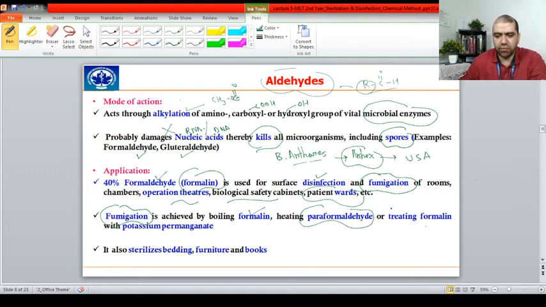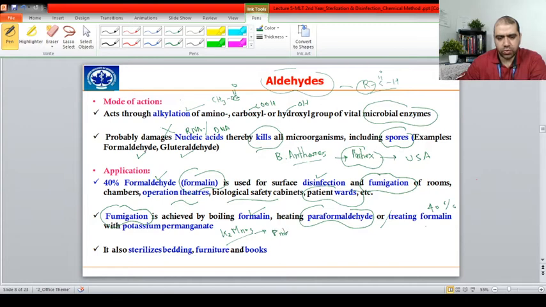The third way is, once you prepare this 40% formaldehyde, that's called formalin, you can add potassium permanganate, KMnO4. It's pinkish or brownish in color.